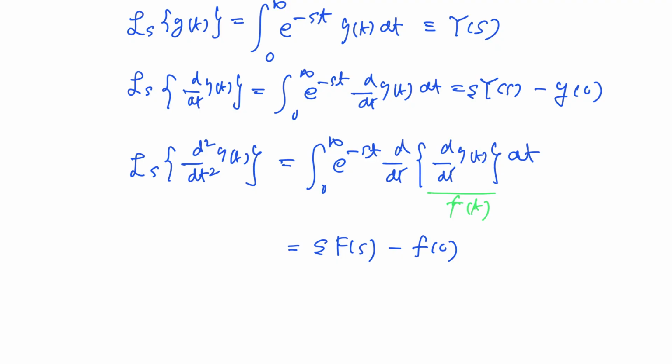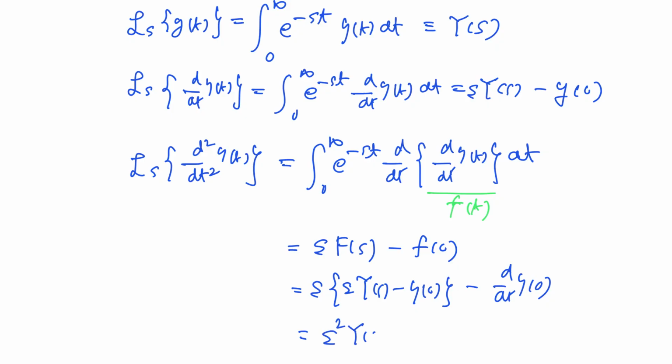But this is s times (s Y(s) minus y(0)) minus dy/dt at 0, right? So s squared Y(s) minus s y(0) minus y'(0). And then you can continue.